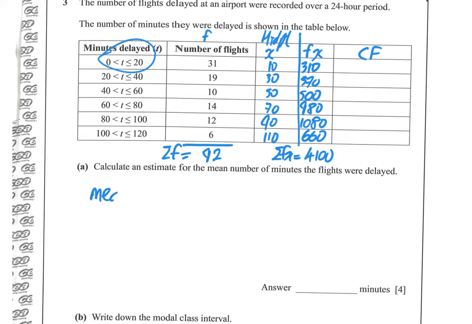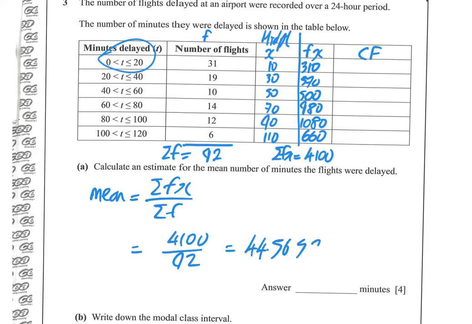So my mean is equal to sigma fx divided by sigma f. So my mean is 4,100 divided by 92. And when I did that, I got 44.5652. Okay, that's to four decimal places there.